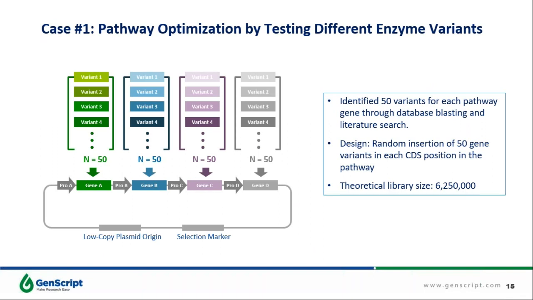The idea is simple. They put 4 different pathway genes under the control of 4 constitutive promoters and put the whole pathway in a low copy number plasmid in the yeast strain. They got a product, but they are not very satisfied with the titer. It is far from sufficient to reach the commercial production level.